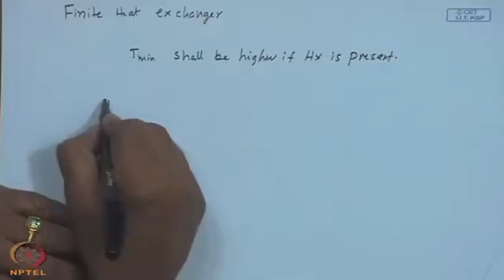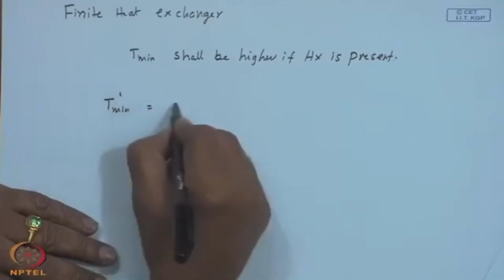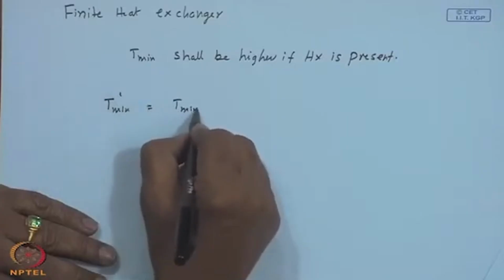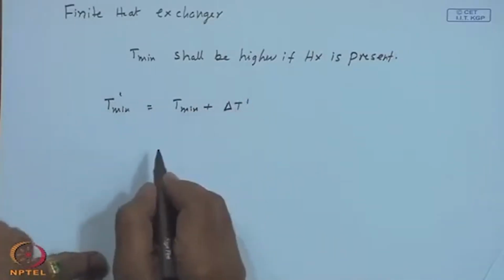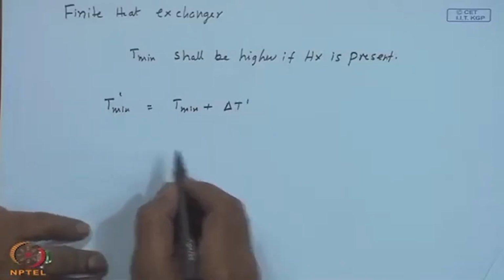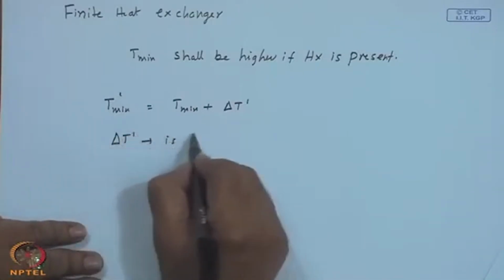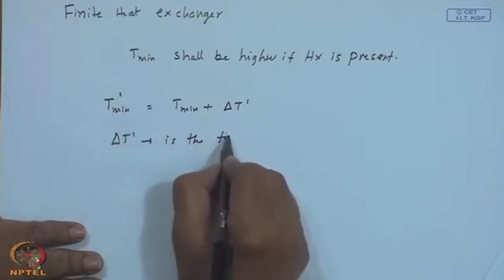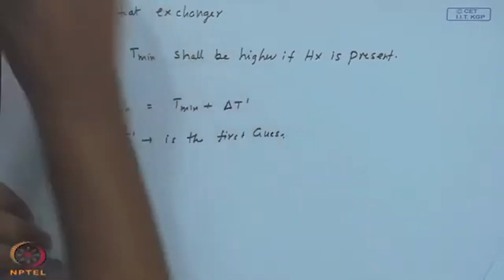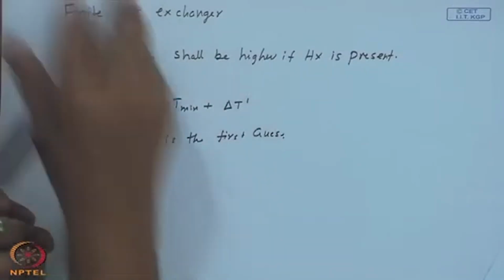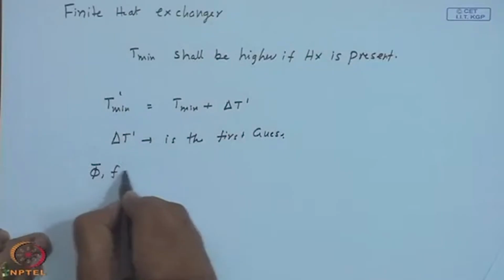So, once again I will assume that T min guessed 1 equals T min plus some delta T 1, which may be 4 degrees, 3 degrees, like that. So, delta T 1 is the first guess. So, we follow a phi bar F chart procedure.